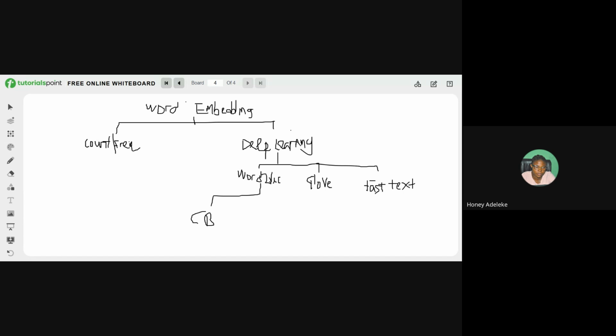Because I think we have come across it before, maybe not in this class. Okay, so we'll get there. Then we have the skip-gram.